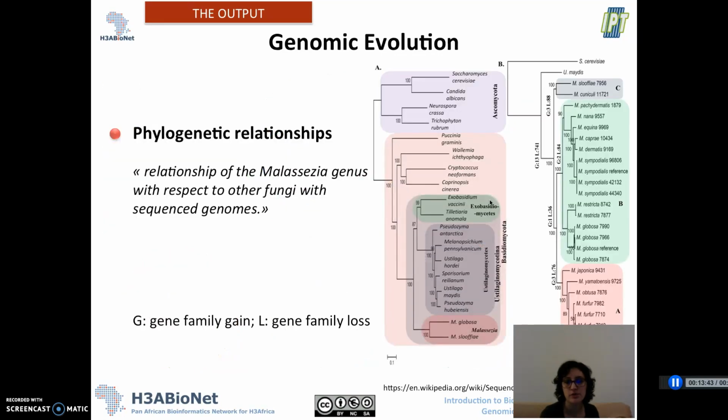Phylogenetic relationships can be inferred from all these comparisons, and you have here an example where you could easily identify the gene gain or loss between the different groups of strains. Phylogeny is a completely different field that would require a completely different course on its own.